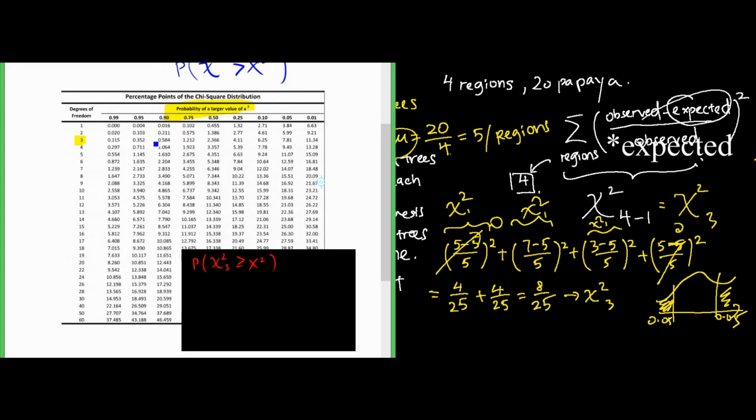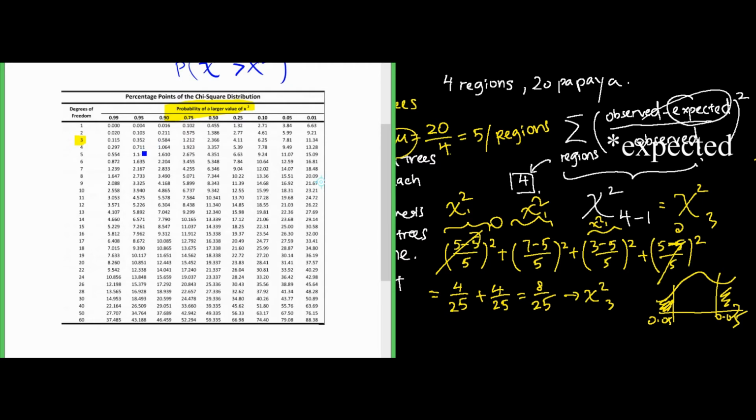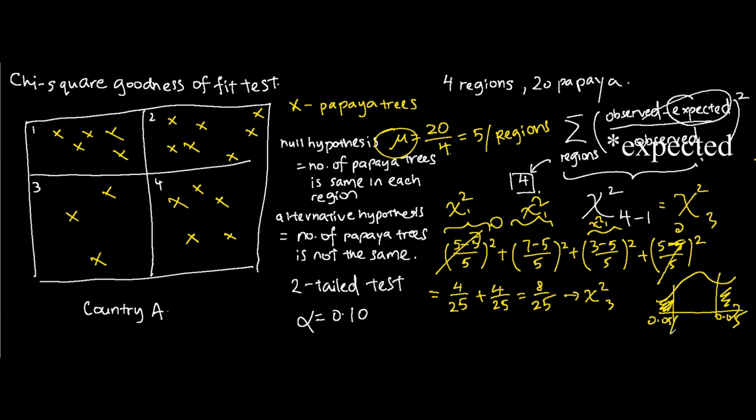Because we set 0.05 at degrees of freedom of 3, the probability that the chi-square distribution is greater than x squared is, if we were to calculate here itself, what is this value? This value is actually 0.35. Okay, we calculate this value at 0.35.